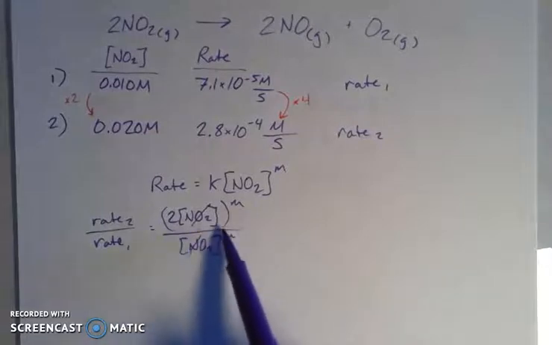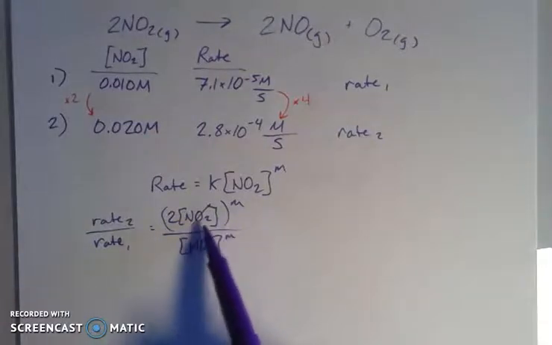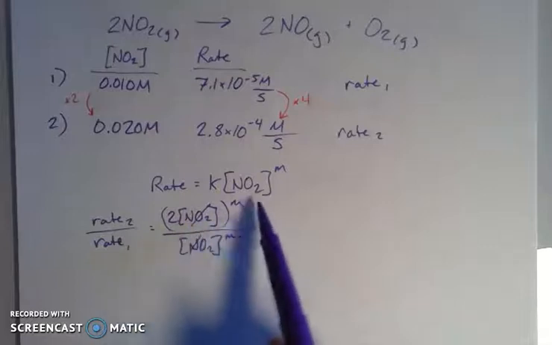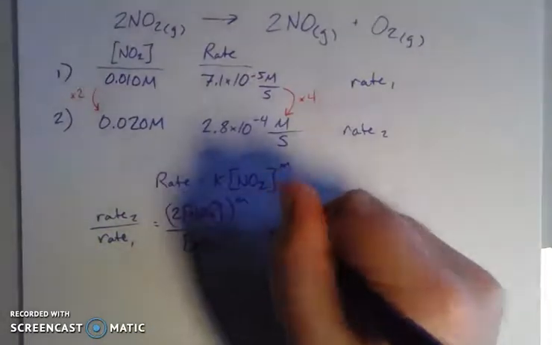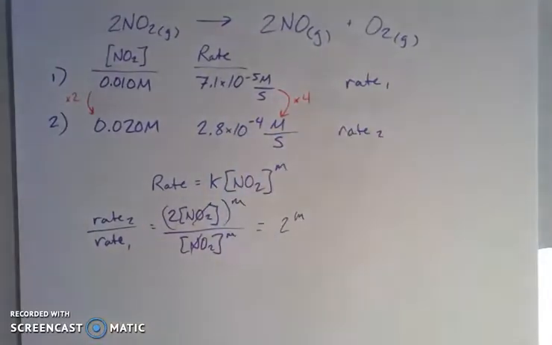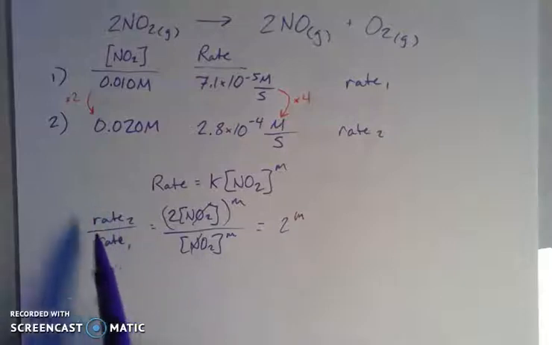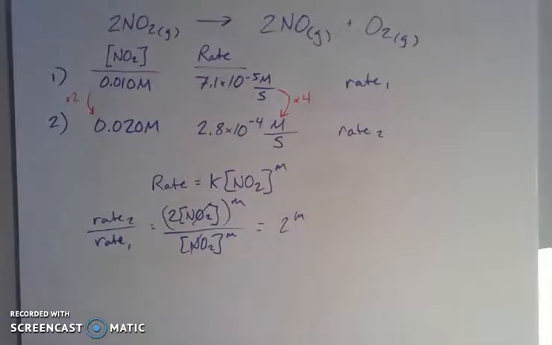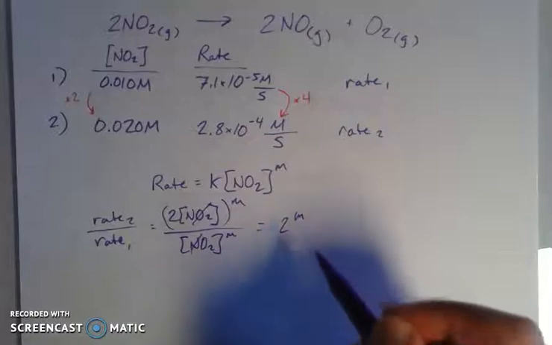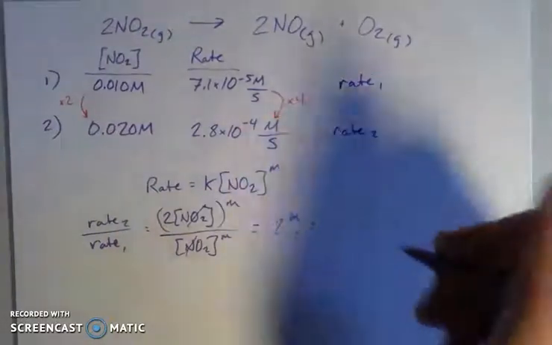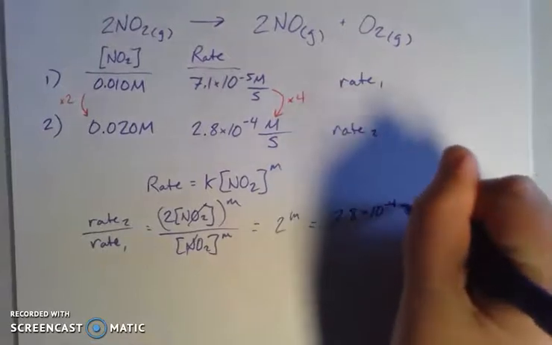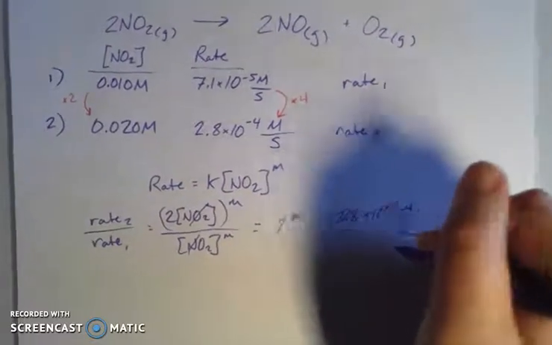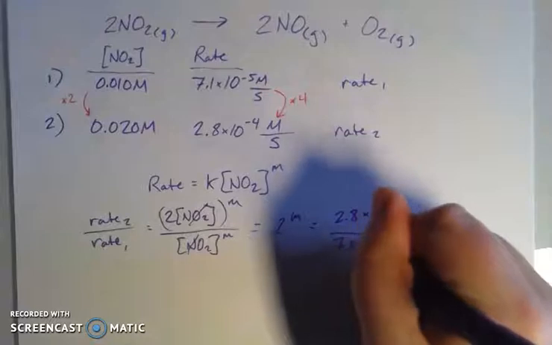This is 2 to the m times NO2 to the m, so I can get rid of my NO2 to the m's, and that leaves me with 2 to the m. Okay, so the ratio of my rates gives me 2 to that exponent, and 2 to that exponent equals this ratio of my rates that someone calculated in the lab. Someone found out the rates in the lab, and then this is what they did to solve for it.